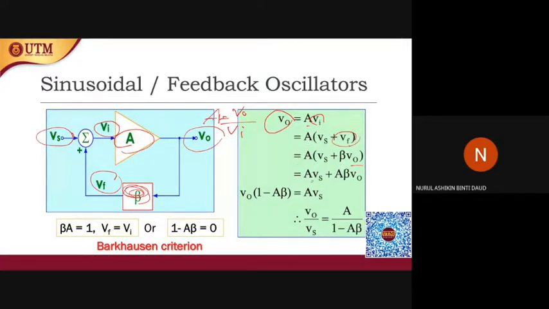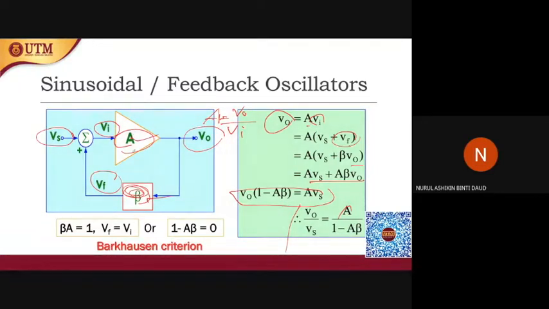So you can rewrite this equation: Vo(1 minus A beta) equals A Vs. From here, you can see the ratio of Vo over Vs is equal to A over 1 minus A beta.